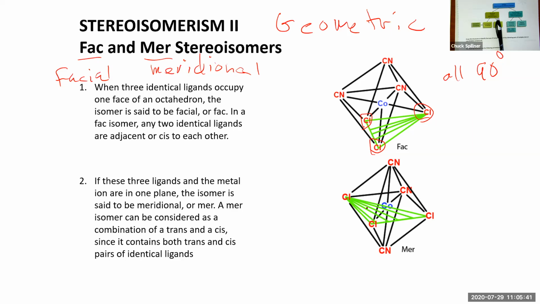And if we look at the bond angles, it turns out that we have 2 90-degree bond angles and 1 180-degree bond angle. Whereas in the facial geometric isomer, we have 3 90-degree bond angles between the ligands. So that's how you distinguish them.